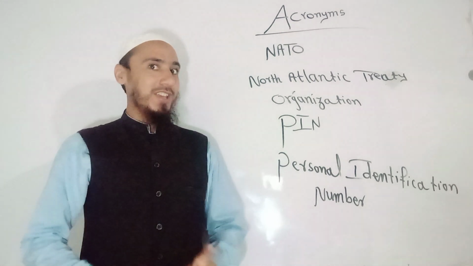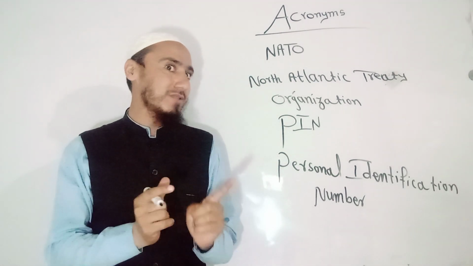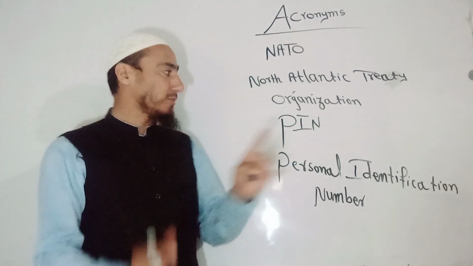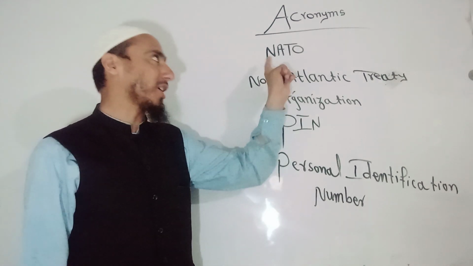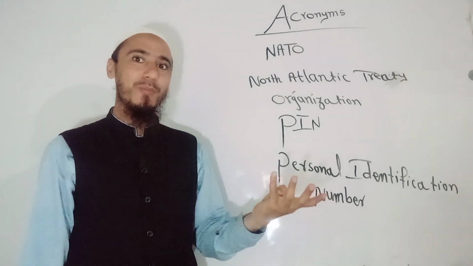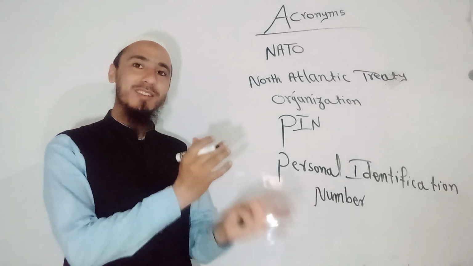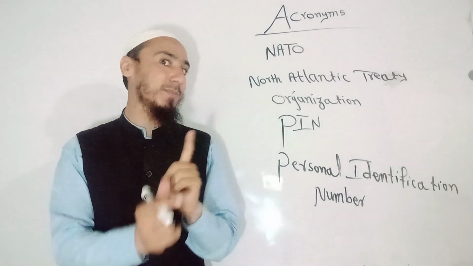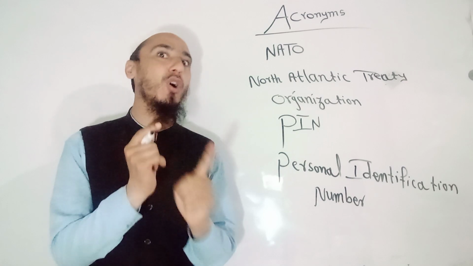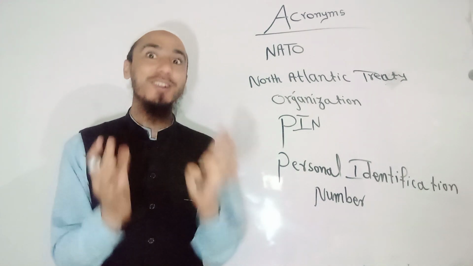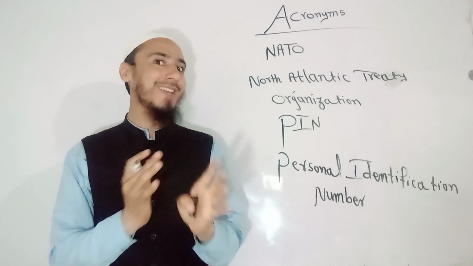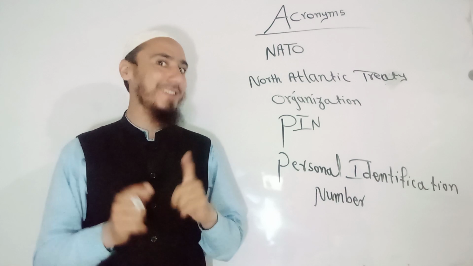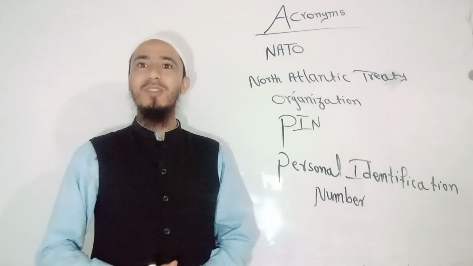But abbreviation is pronounced separately. It means that a word is pronounced like NATO, it is a word now, but it has a separate pronunciation as well. But abbreviation is pronounced, the letters which are an abbreviation are not a word. They are just pronounced as letters. But each and every letter is a symbol and they represent a complete noun.